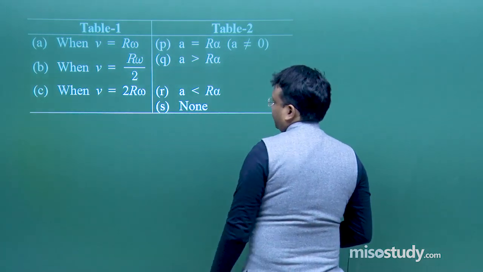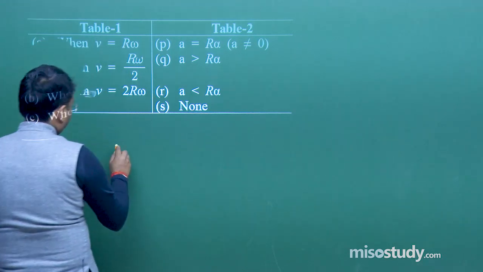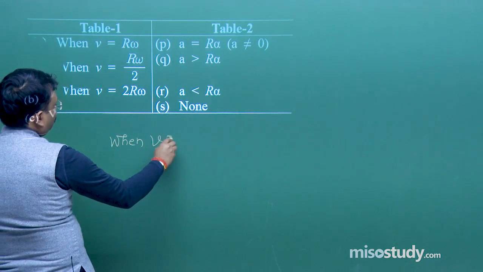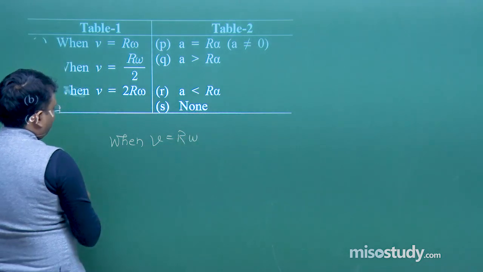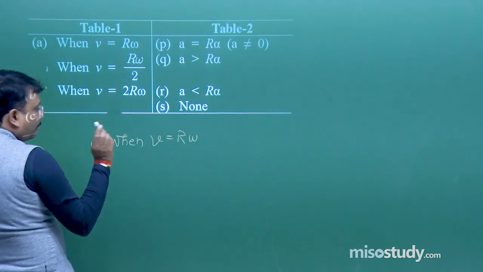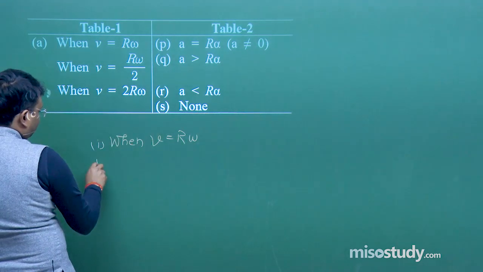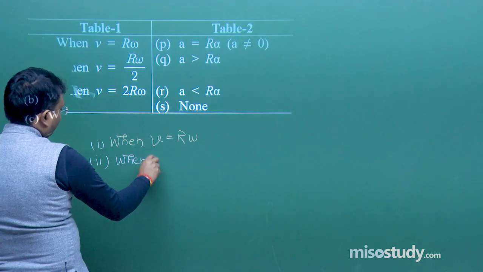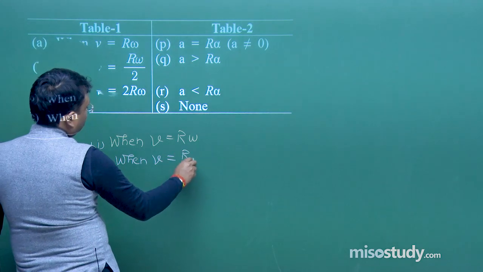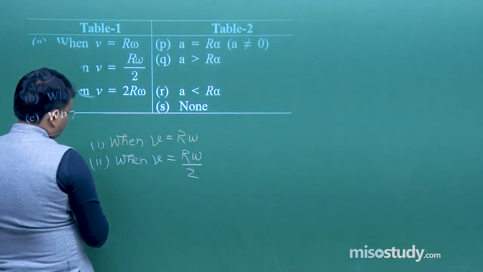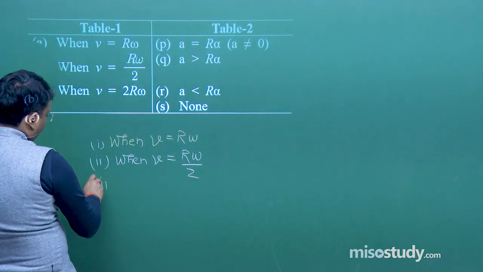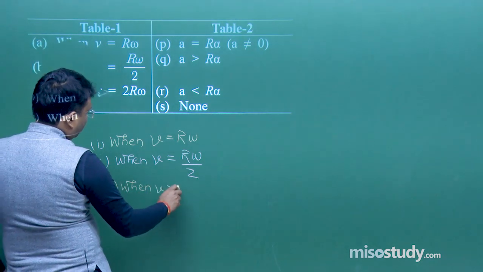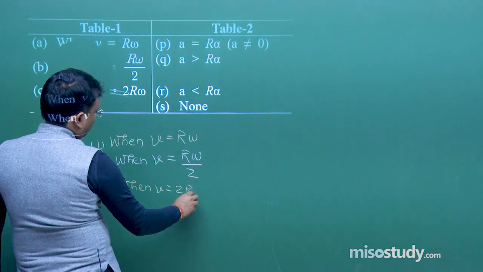Now there are 3 cases. When v is equal to R omega, case number 1 given, but I am writing because I have to solve it. When v is equal to R omega by 2, when v is equal to 2R omega.